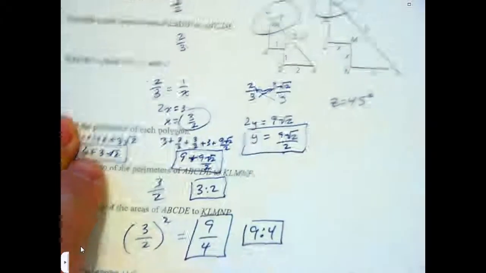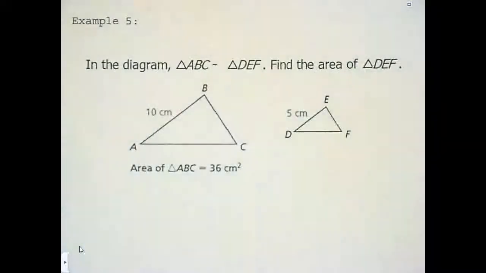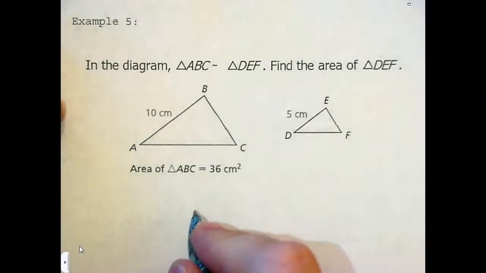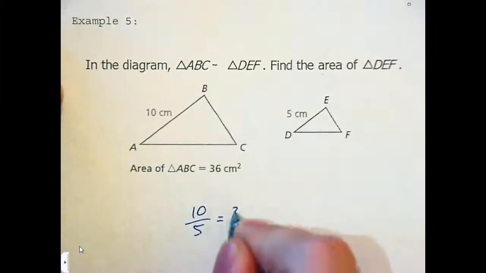Okay. While I'm handing out your tests, I want you to do this problem with your groupies. Handing back your tests there. I want you to do that problem there with your groupies. Hey, what's our perimeter similarity ratio? Yeah, 10 to 5 or 2 over 1.